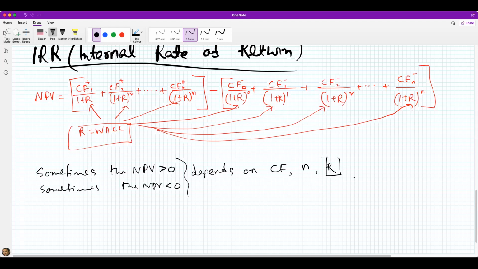So if the discount rate is higher, if R is higher, will NPV be higher or lower? What do you think?